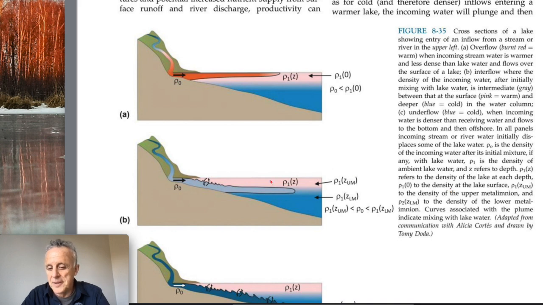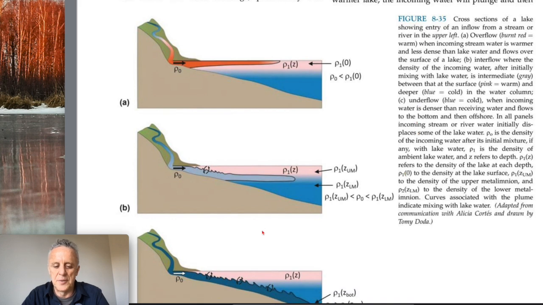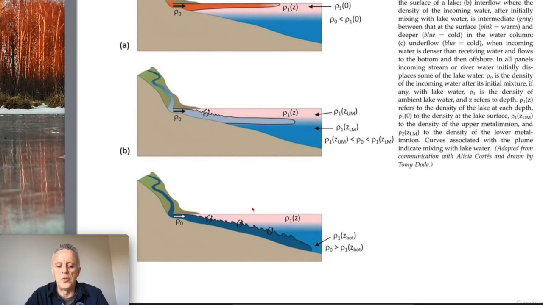Well, probably a little bit. There's probably a contribution to the stream as well. Let's see, and then pink warm, and then blue cold, and then gray is intermediate, and then underflow, blue cold, when incoming water is denser. So here we have denser water that is colder than the lake water, and it's sinking and it's moving, therefore, at the bottom of the lake.